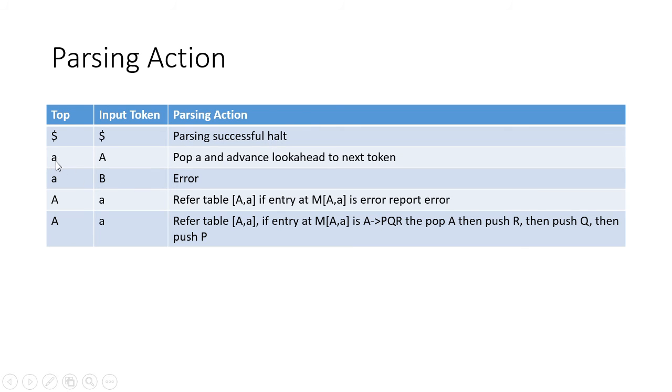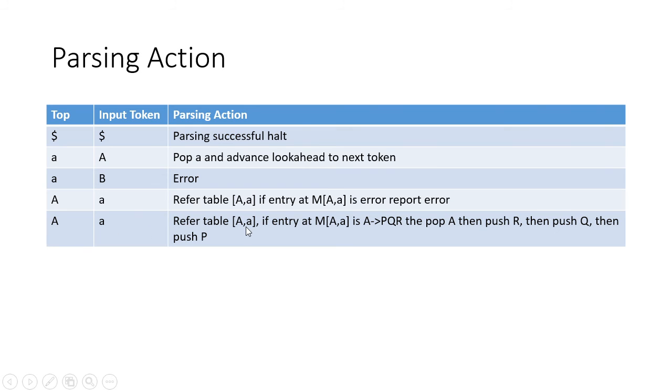If the top of the stack is a terminal and it matches the input token, take it out from the stack and advance to the next token. If the top of the stack is a terminal and the input is different from it, then there's an error. Otherwise, if the top of the stack is a non-terminal A and the input is a terminal a, refer to the table entry M[A, a]. If the entry is error, then an error is reported.